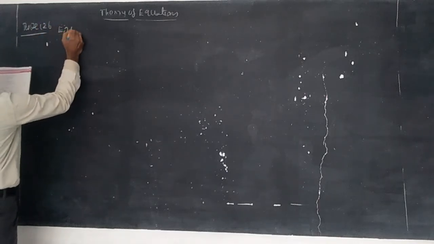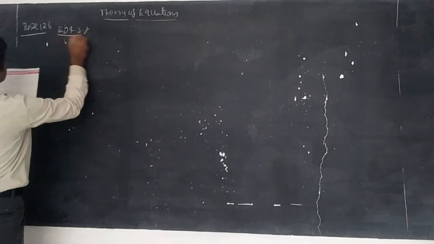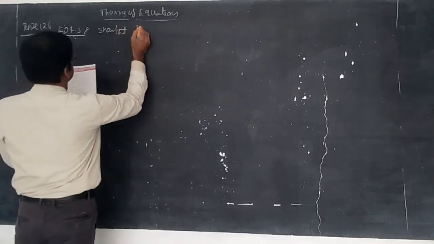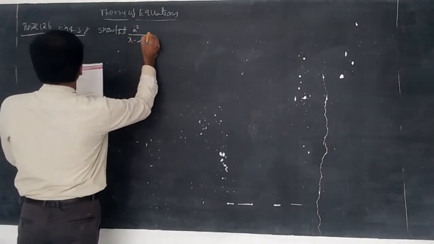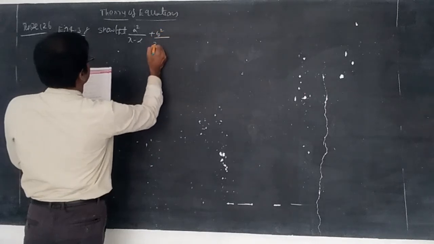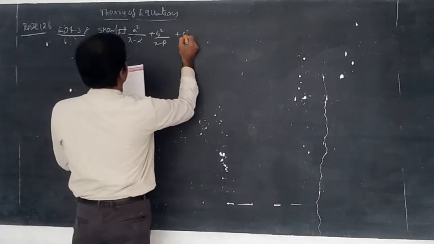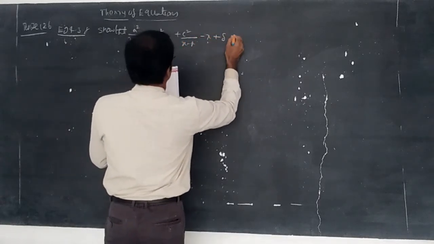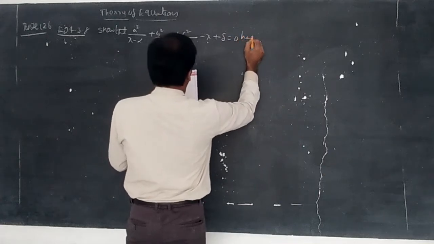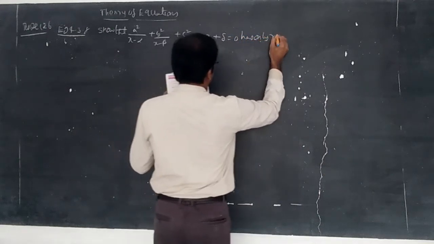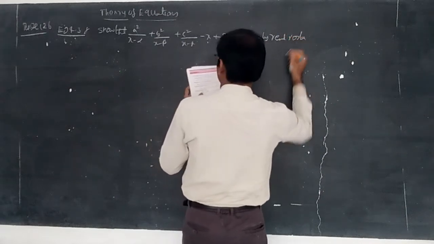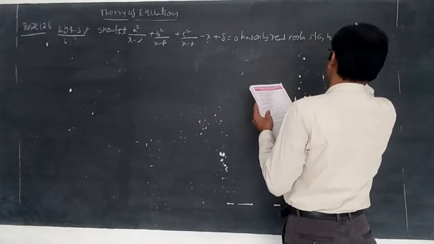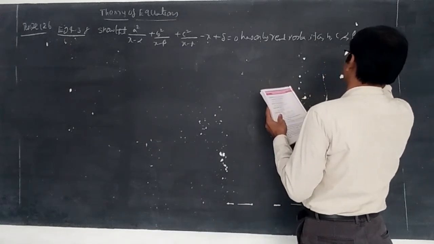Example 4.3.8: show that a square by x minus alpha plus b square by x minus beta plus c square by x minus gamma minus x plus delta equal to 0 has only real roots, if a, b, c, alpha, beta, gamma, delta are real.